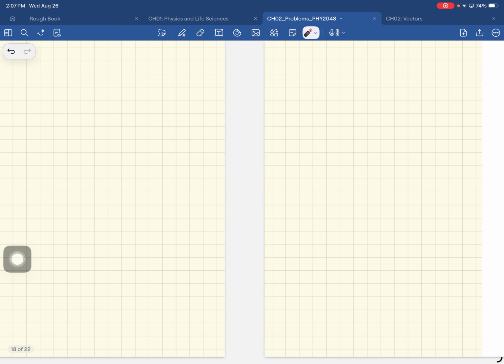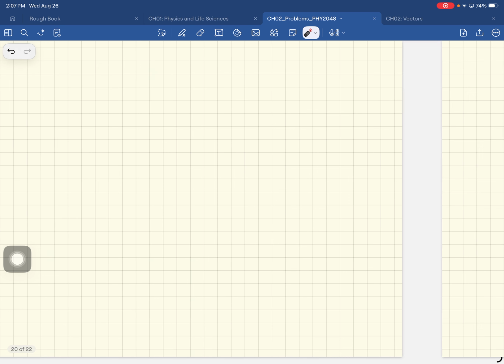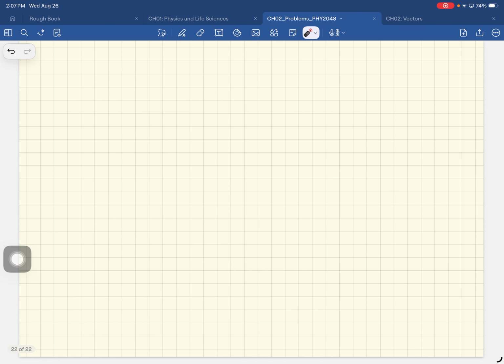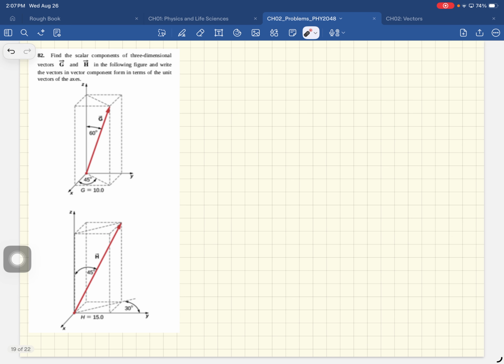So we should be able to find the magnitude of the vector. And that's the idea. For this vector, have they given us three numbers? Yeah, they've given us this angle, this angle, and this component. So for this vector, again, that angle is called theta. Theta is 45 degrees.